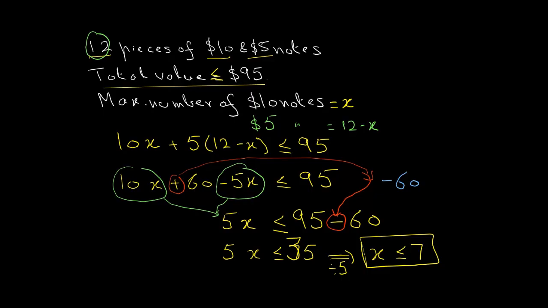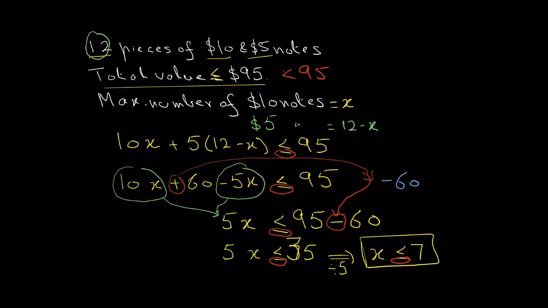In either case, the answer is x is less than or equal to 7. Now, I changed the problem from the book. If it actually says just less than 95 and not less than or equal to, then every less than or equal to will become less than, and the answer will be x is less than 7, which means the maximum x can be is 6 because x is a whole number.